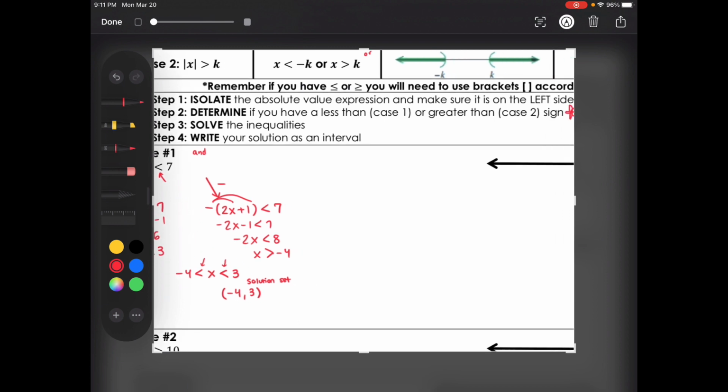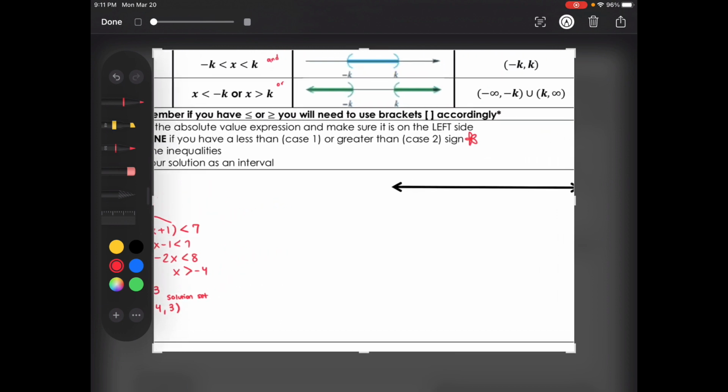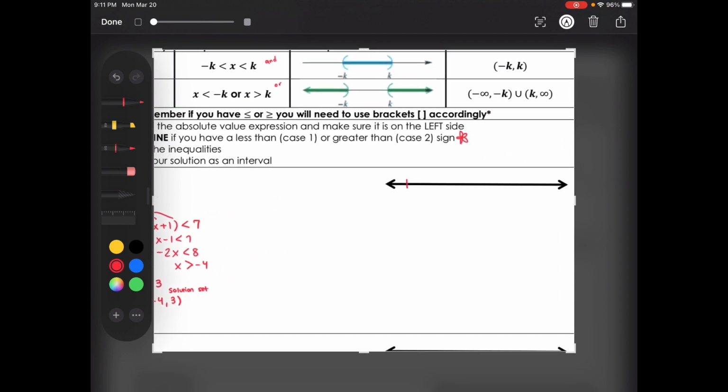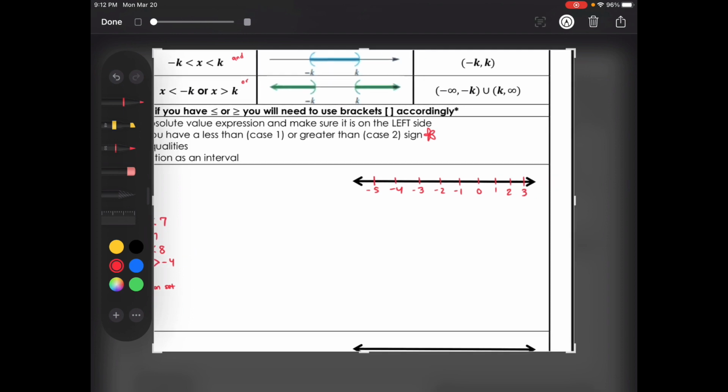Now, to graph this on the number line, you're going to plot both these values and a few around it. I don't have enough room, but it should be fine. And then both of these have inequality symbols that don't have a line underneath them. So we're going to put open circles or curves.